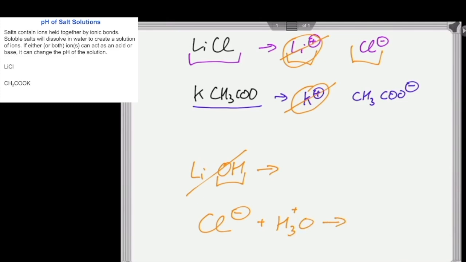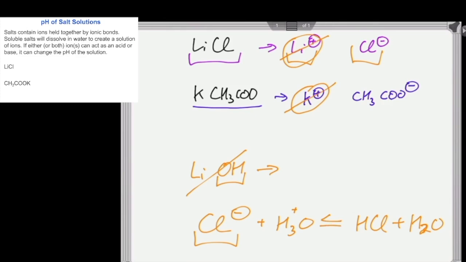If this species has to act like an acid or base, chloride would accept a proton to form HCl and H2O. So as I've written this, let me convert this to an equilibrium.